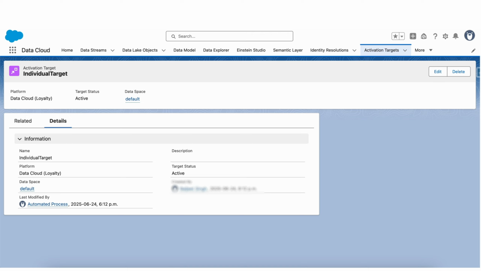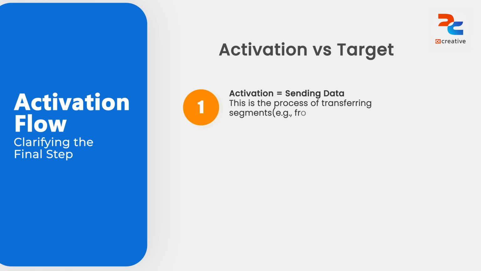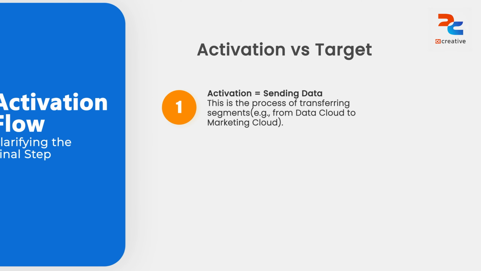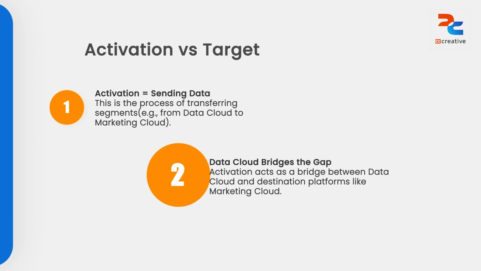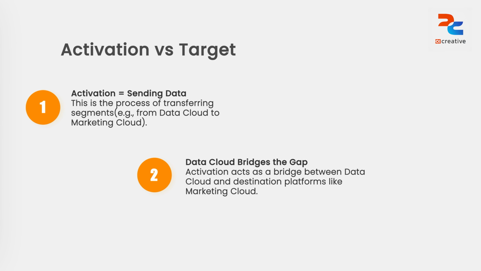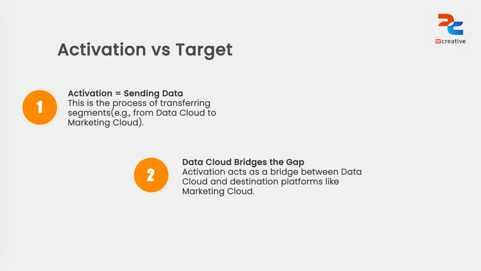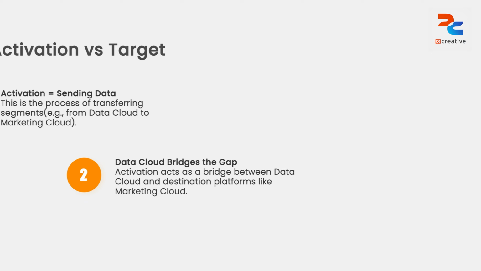Okay, just to clear up any confusion, because this comes up a lot, here is the difference. Activation is the actual process of sending data from the DMO to Marketing Cloud. It's a bridge between Data Cloud and Marketing Cloud, and the destination could be different as well, like if you want to send that data to Sales Cloud, Marketing Cloud, and so on.